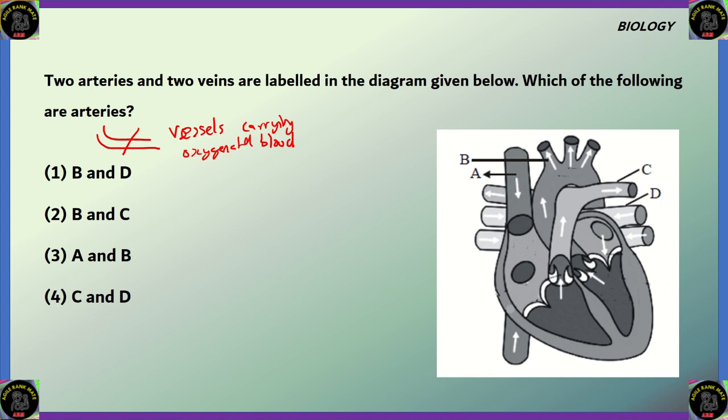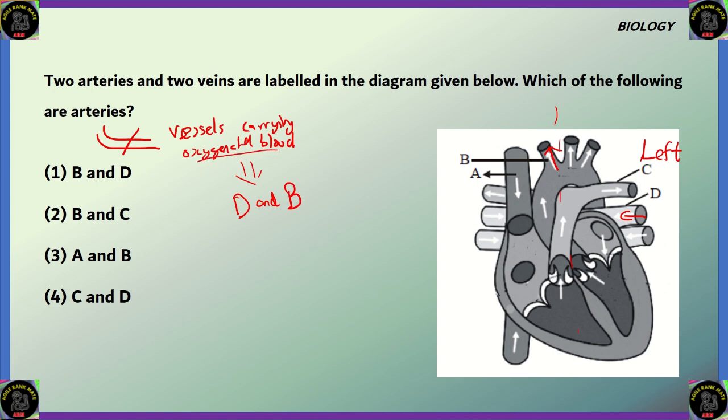So if we talk about the vessels carrying oxygenated blood, we know that the left side of the heart, that is over here, this would be the left side of the heart, since it is in our view, and D and B would be the vessels carrying oxygenated blood. However, we are not talking about vessels carrying oxygenated blood.